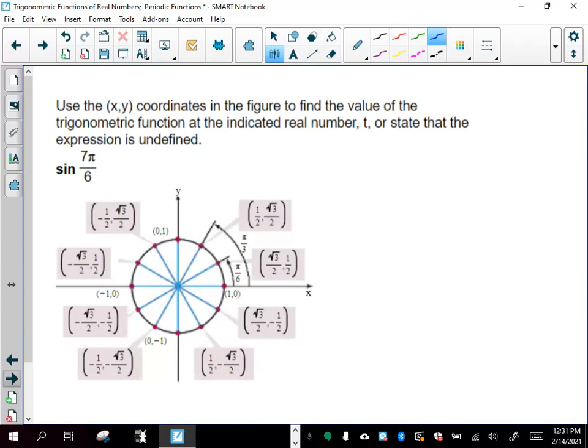We know that 7 pi over 6 is a little bit more than 1 pi, so we're going to go right here. There is our 7 pi over 6. And I want the sine function, and we know that sine is going to be the y value. So that means that my answer is negative 1/2.